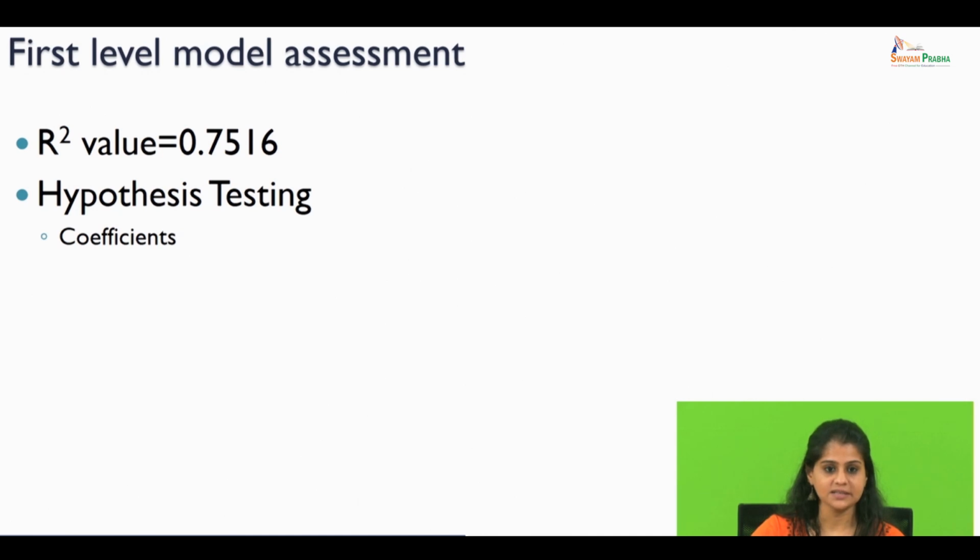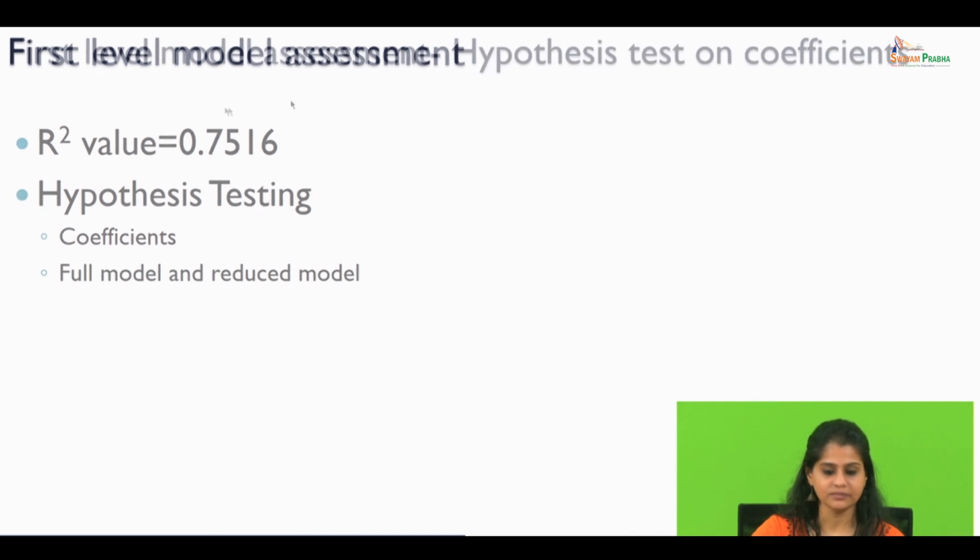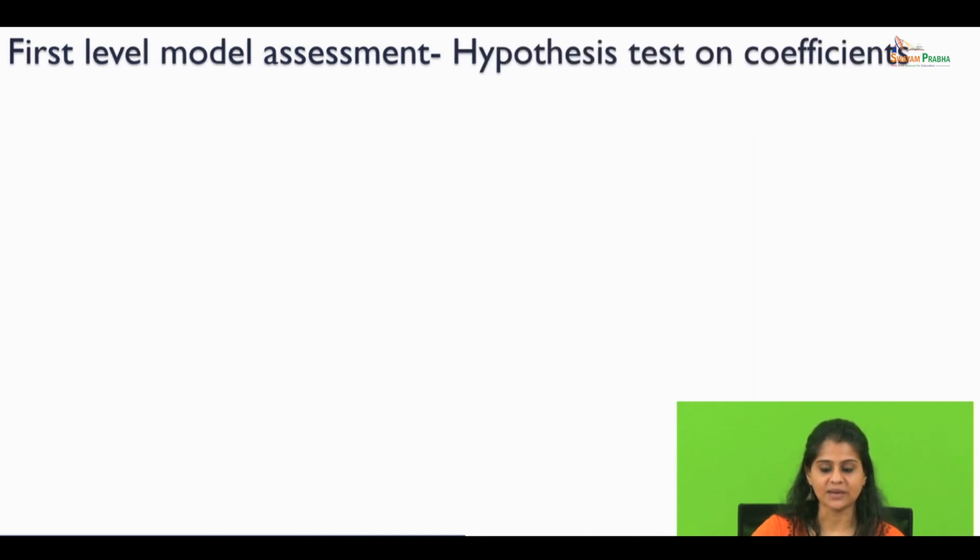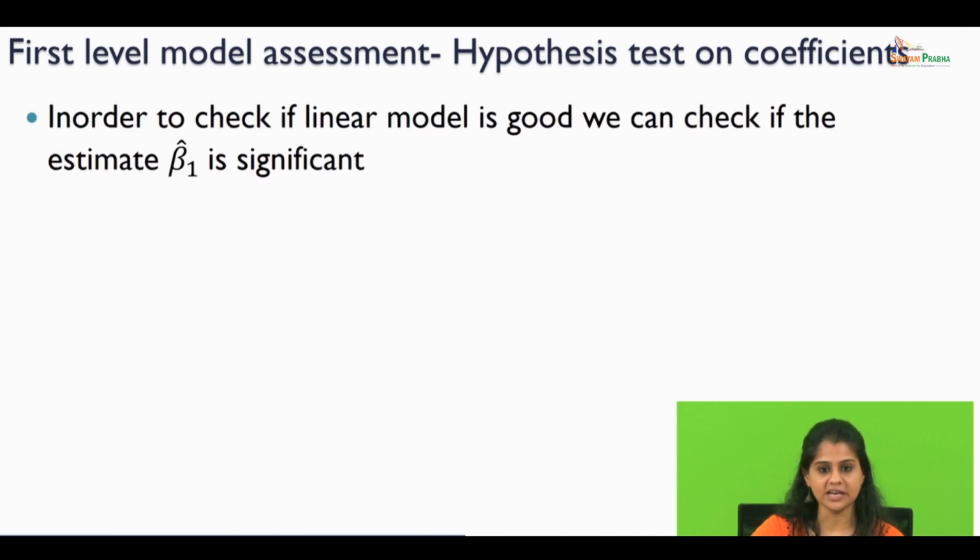As a part of this, we are going to look at hypothesis testing on coefficients and then on the full and reduced model. Now let's see what these full and reduced models are. First, let's do the hypothesis test on coefficients. In order to check if your linear model is good, we can check if the estimate beta 1 hat, which is the slope, is significant.